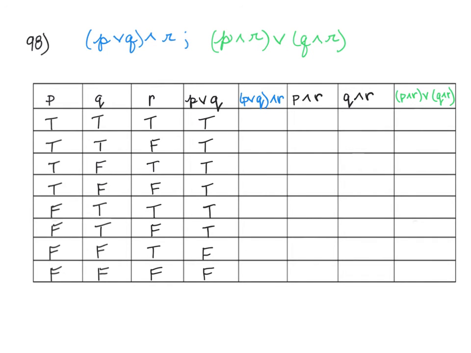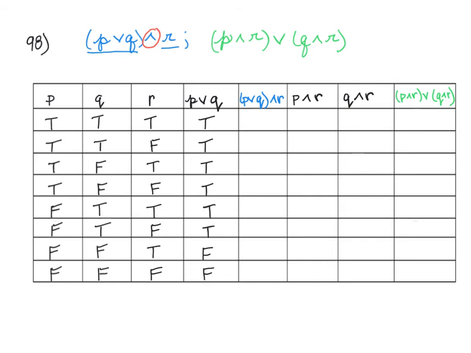That column is done. Now, to do my final column for the first statement, what I'm going to do is compare the P or Q column to the R column. And it's an and statement, which means they both have to be true for me to put a true in this column. So let's take a look at that.